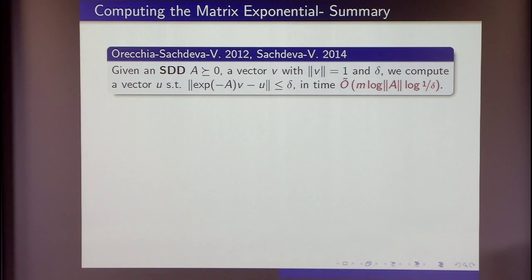So this is one of the main corollaries of this line of argument, which says that for SDD matrices you could compute very good approximations to the exp of minus A times a vector v in time which really depends very minimally on the norm of A. The key point is to note that the dependence on the norm is log as opposed to square root, or trivially just the norm of A. And for applications to semi-definite programming, the norms are bounded by polynomials, so this number is really logarithmic.